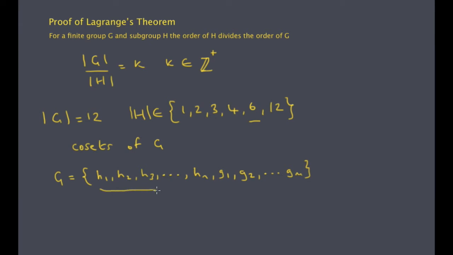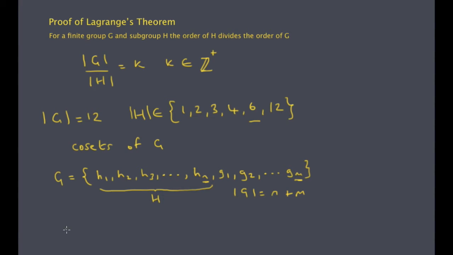So here we have the subgroup, big H, and all the elements of the set are the elements of the group. Just for clarity, with the way I've drawn it, the order of G will be n plus m.